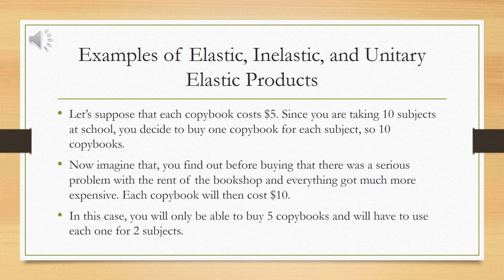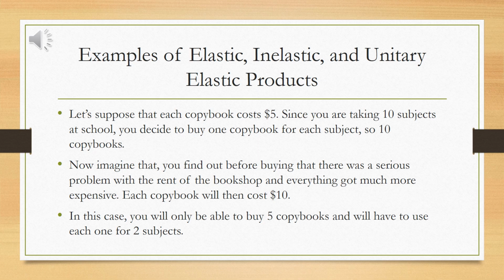Let's suppose that each copybook costs $5. Since you're taking 10 subjects at school, you decide to buy one copybook for each subject, so 10 copybooks. Now, imagine that you find out before buying that there was a serious problem with the rent of the bookshop, and everything got much more expensive.